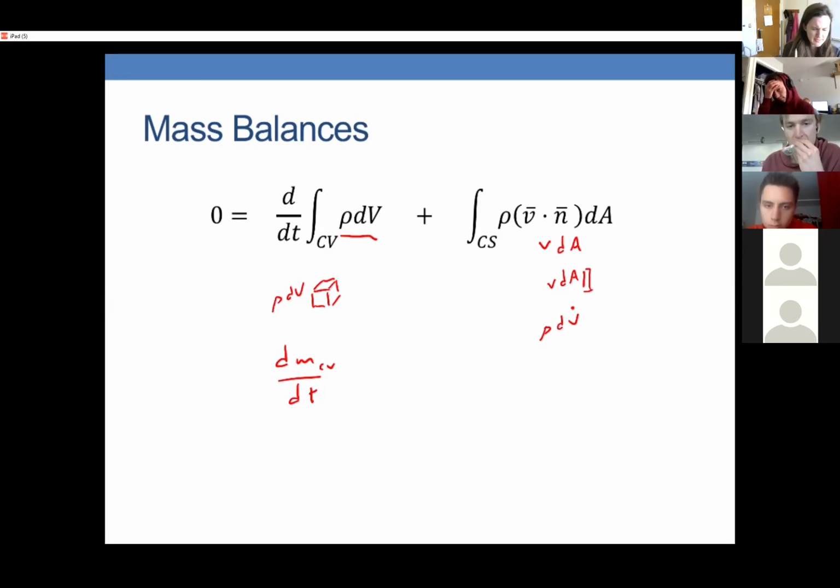And it's going to be m dot out minus m dot in. That n vector is what makes the out be positive and the in be negative, but I don't think we need to spend a lot of time thinking about that.